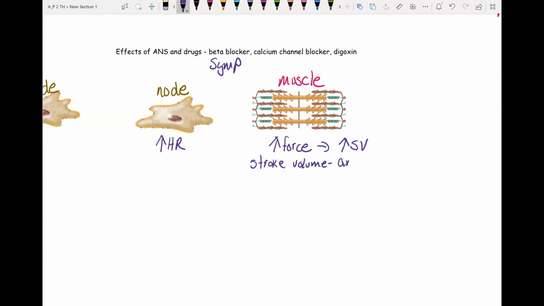This is the amount of blood that the ventricle pumps into the artery per beat. And it's not total for the whole heart, it's per ventricle. So each ventricle has its own stroke volume.